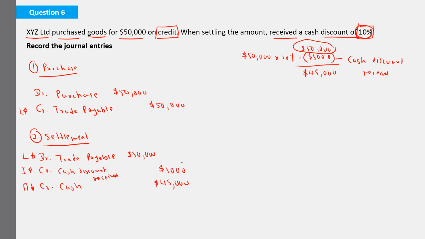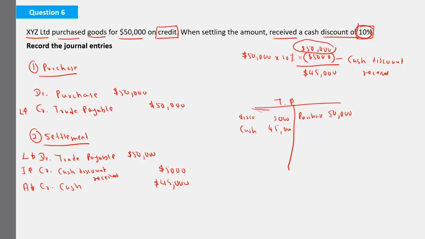$5,000. So if you take the trade payable account here, if I put the trade payable double entries into the T account, here trade payable value is $50,000 for the purchase. Then I am settling $45,000, cash is getting decreased, and I am getting an income of how much? $5,000, a reduction actually.